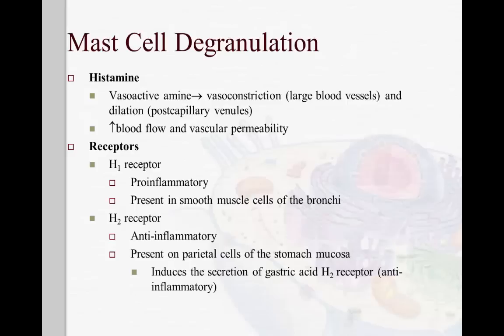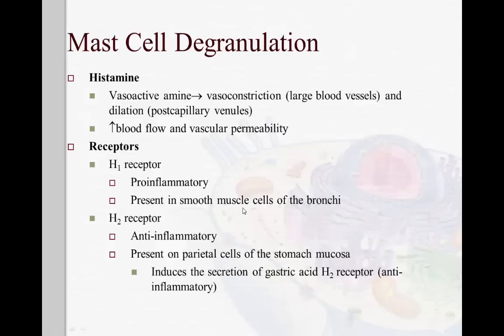We have several types of receptors that belong to histamine, H1 and H2 receptor. H1 does promote inflammation, so it's a pro-inflammatory mediator, and is present in smooth muscle cells and bronchi, producing bronchoconstriction.